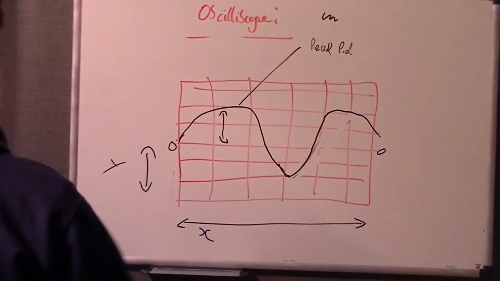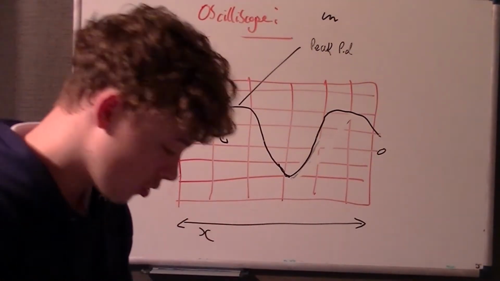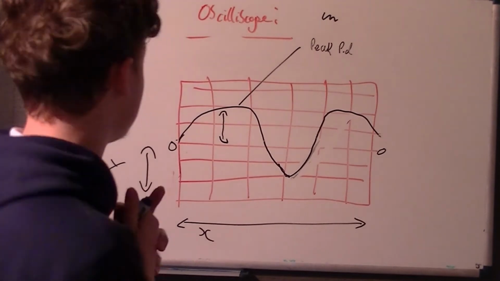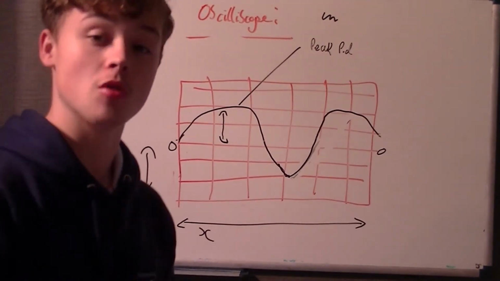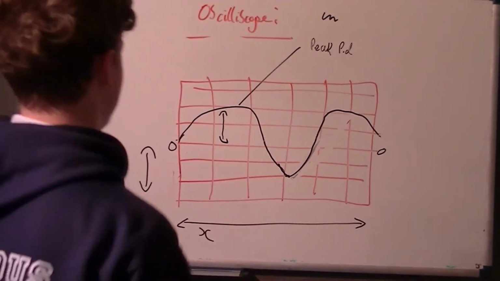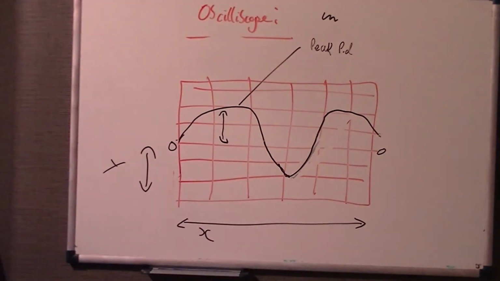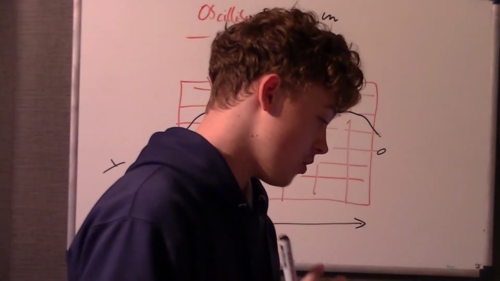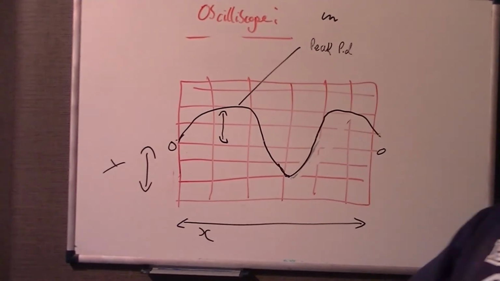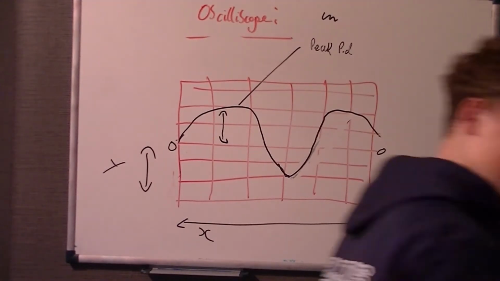Now you can't just simply measure it by putting a ruler up the screen of your oscilloscope, because it's going to be in the Y gain.